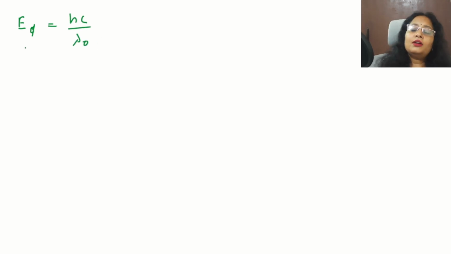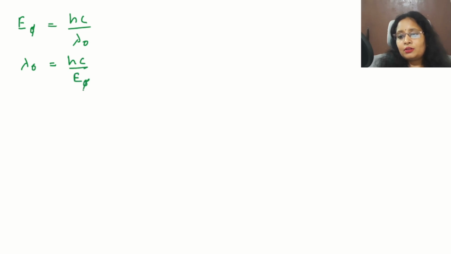Which formula? The formula is work function is equal to hc upon threshold wavelength. Now in this formula we want the threshold wavelength. So from here, threshold wavelength is equal to hc upon work function. The work function value we take as the maximum, that is 4.97 into 10 to the power minus 19.